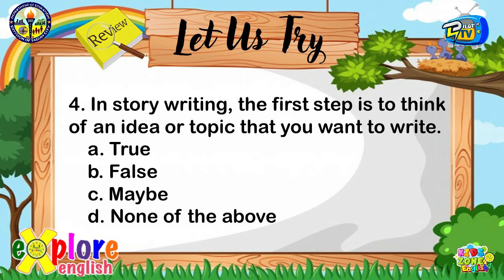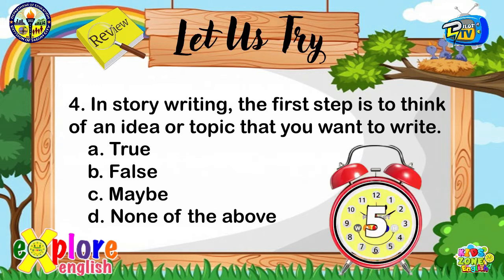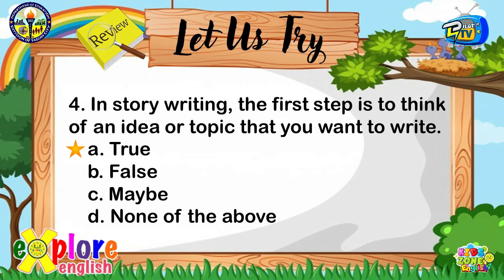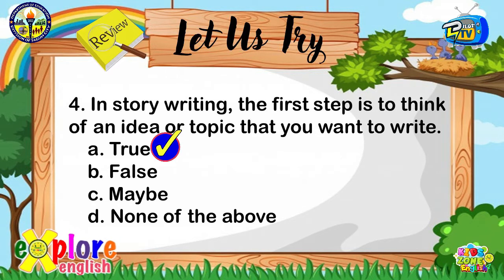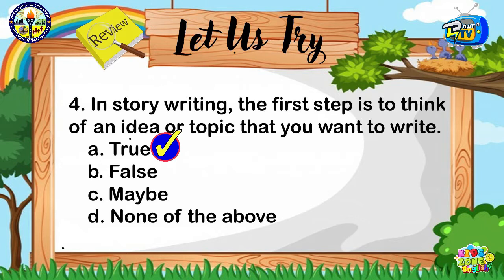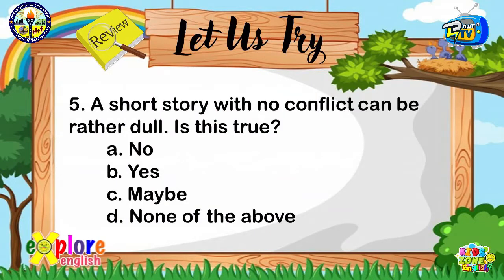to write. A. True. B. False. C. Maybe. D. None of the above. Your timer starts now. Time's up! What is your answer? The correct answer is A, true. Number 5.